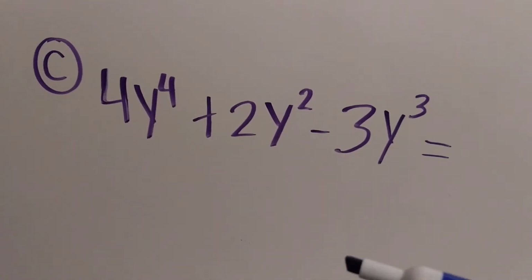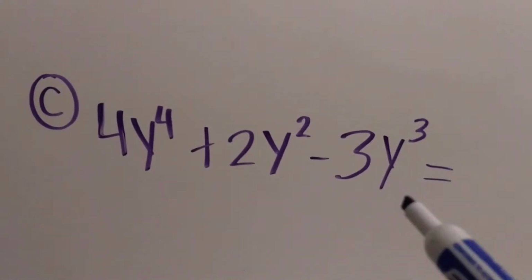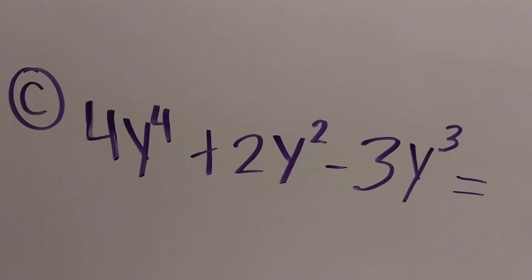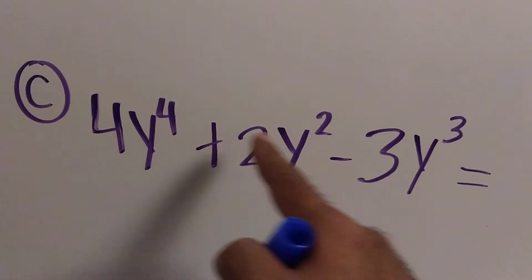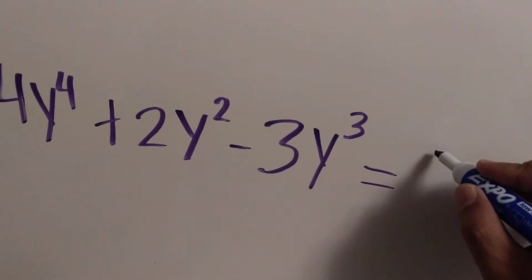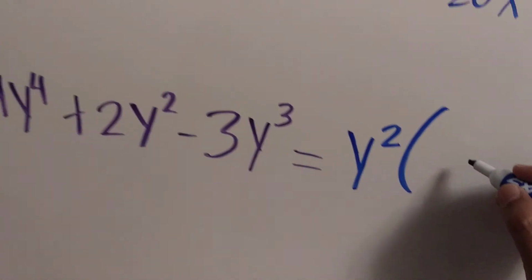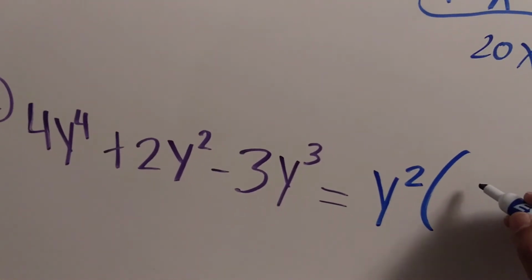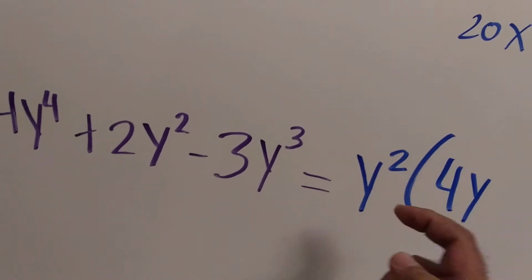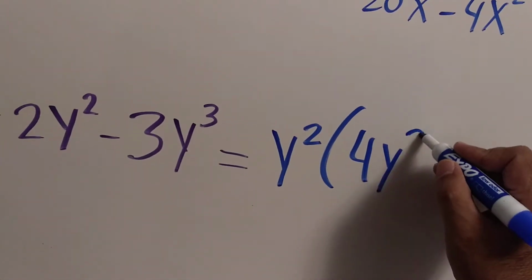And remember that we said that the limiting number of variables would be the smallest number of variables present in that polynomial. In this case, we have 4, we have 2, and we have 3. So our greatest common factor would be the y to the second. And the way that you would work the problem would be 4y, and you took 2 from those 4, so you're left with 2.